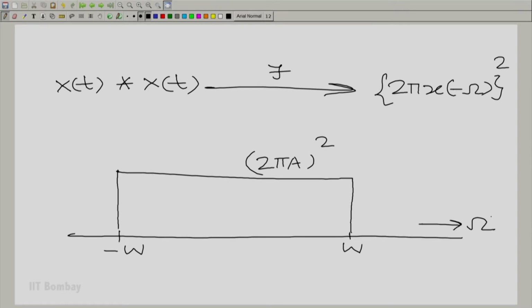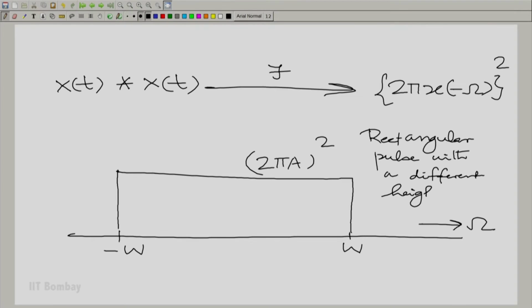So, it is simply 2 pi a whole squared, that is all. It is the same, it is a rectangular pulse, but with a different height. Now, it is very easy to evaluate the inverse Fourier transform of this. In fact, there is nothing much to be done. All that you have done is to multiply the original function by 2 pi a, that is all.